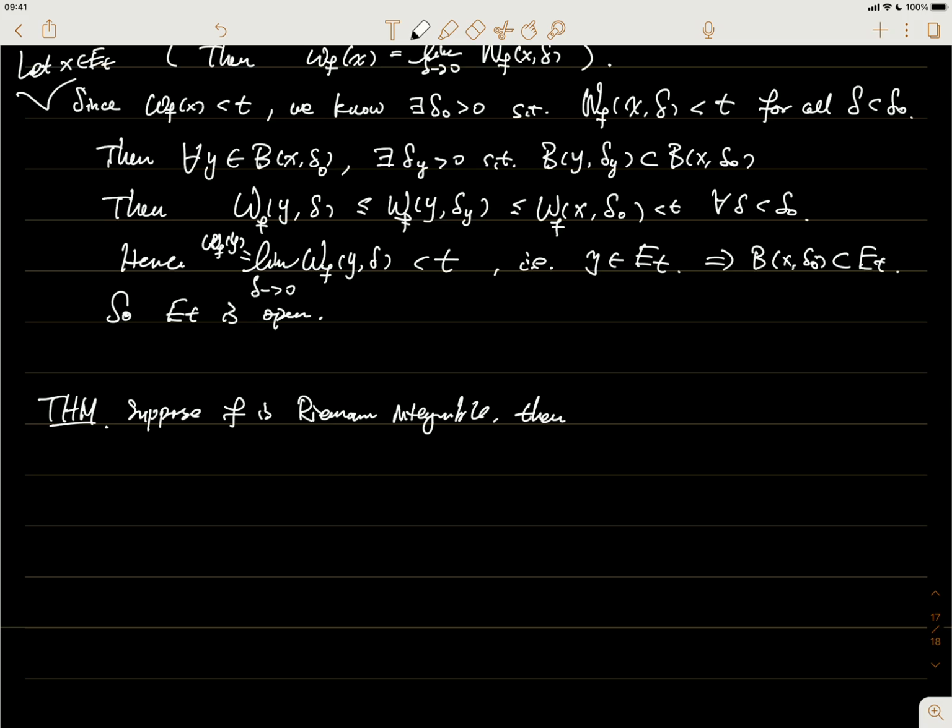Then f is also Lebesgue integrable, and the integral of f is equal to this. On the left, this is the Lebesgue integral of f. On the right, this is the Riemann integral of f. And we show that these two will be the same.